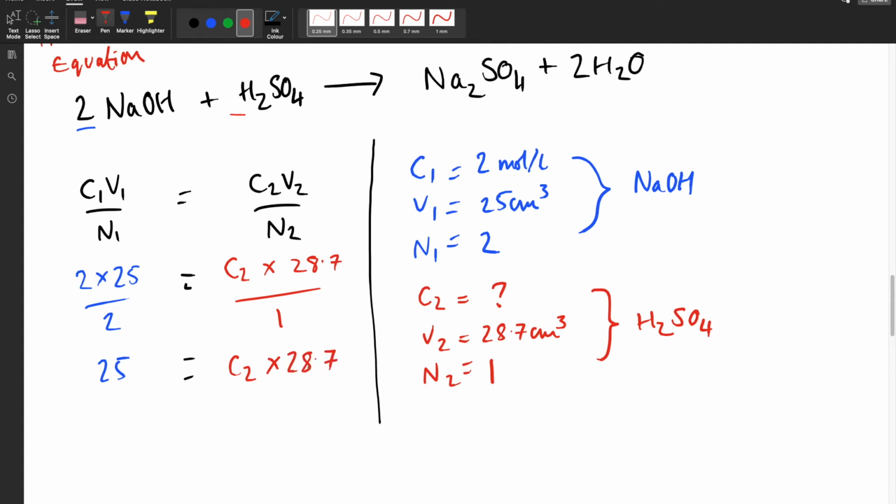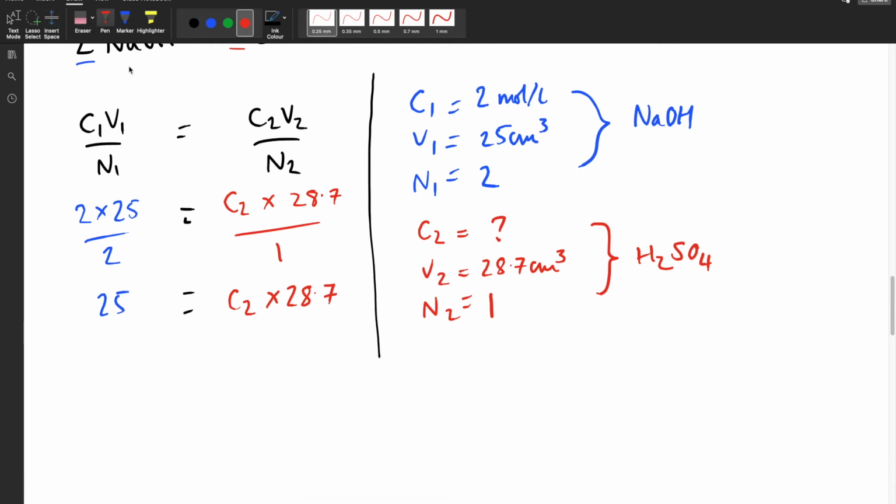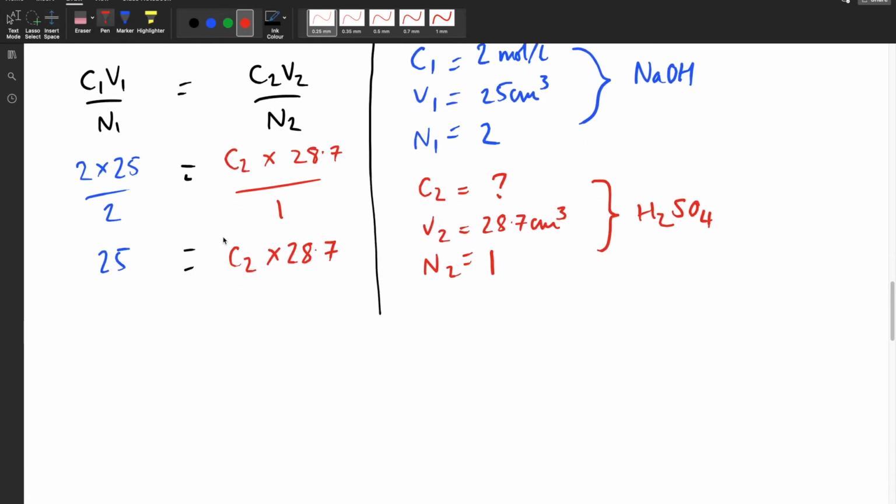Okay. So if we now want to figure out what C2 is on its own, without the 28.7, what we have to do is we have to take both sides and divide them by that 28.7.